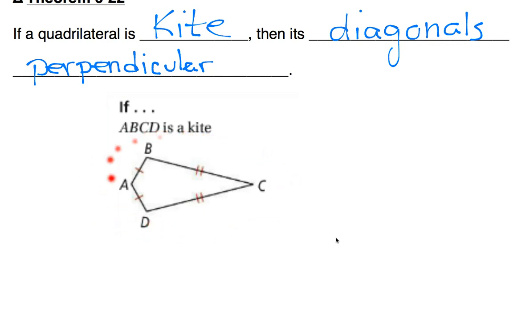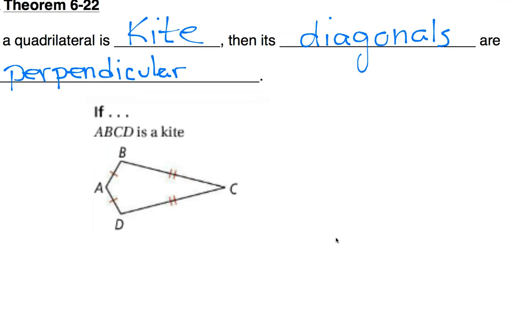This is a kite, a geometric figure. It doesn't have any parallel sides, so it's a quadrilateral. It has no parallel sides, but it has 2 pairs of congruent sides. So BD is perpendicular to AC.